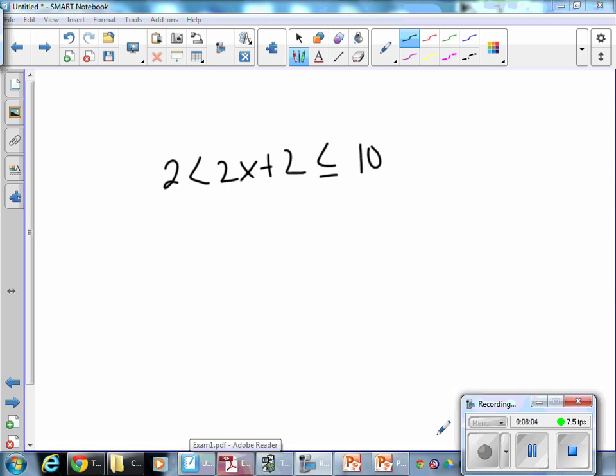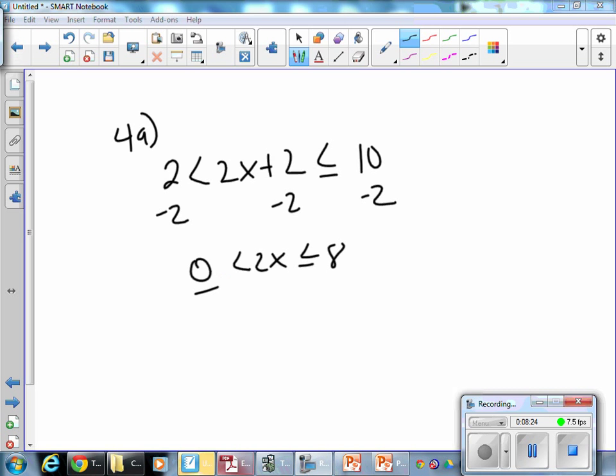Okay, 49 is a compound inequality. It's 2 is less than 2x plus 2, which is less than or equal to 10. So I've got to get x all by itself. The first thing I want to do is undo this plus 2. So I'm going to subtract 2 here, here, here. So I get 0 is less than 2x is less than or equal to 8.